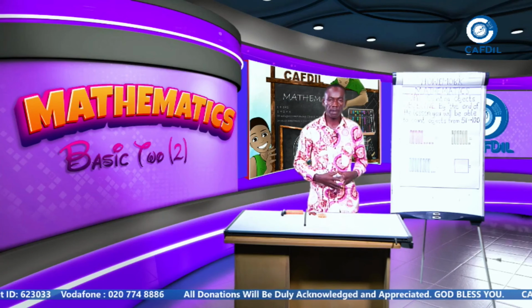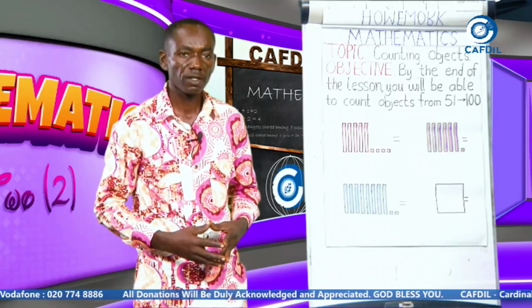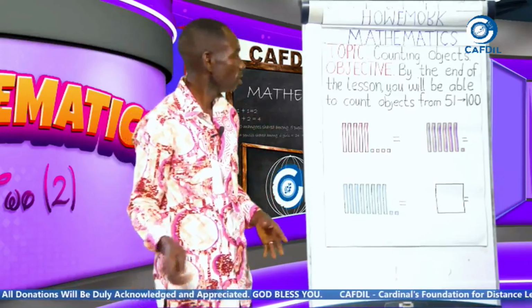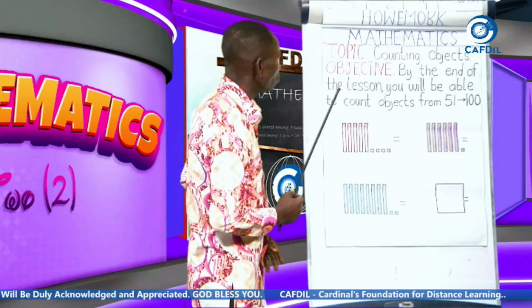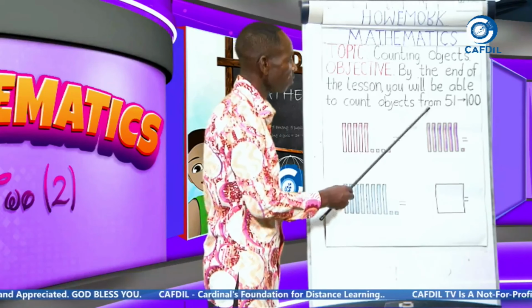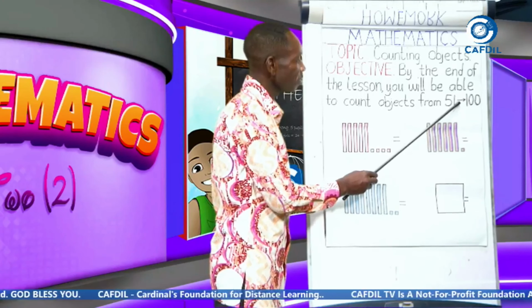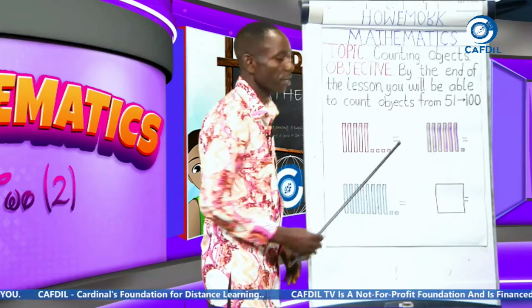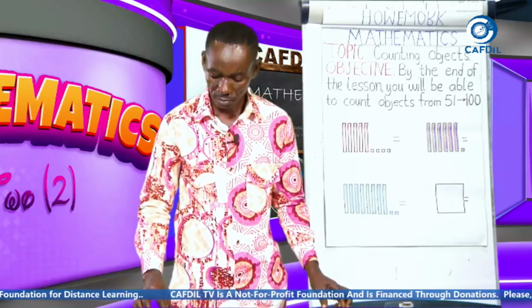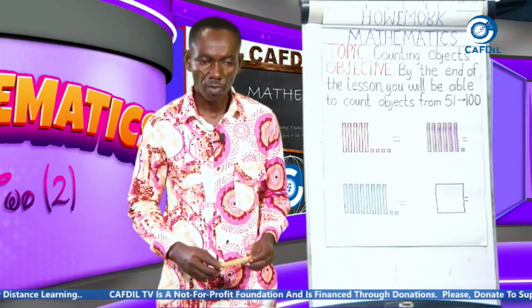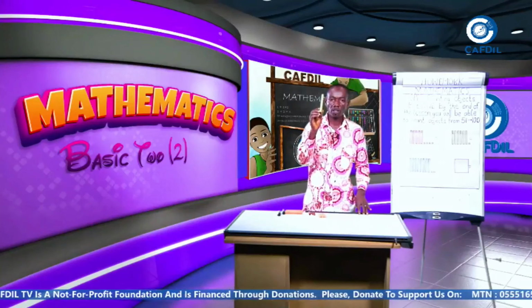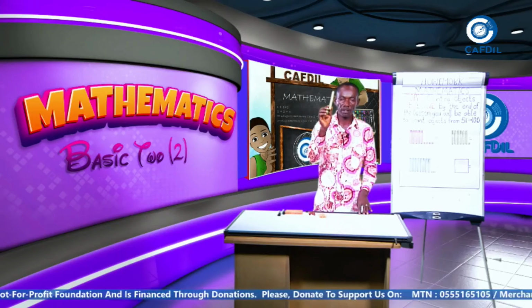Our objective, remember, is by the end of the lesson, you will be able to count objects from 51 to 100. One long shows 10.